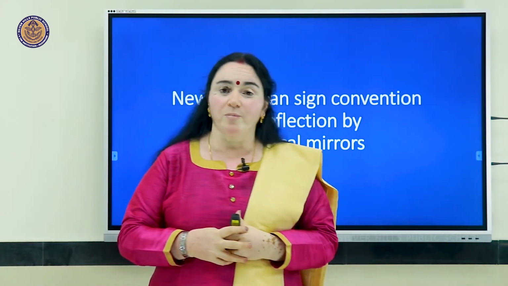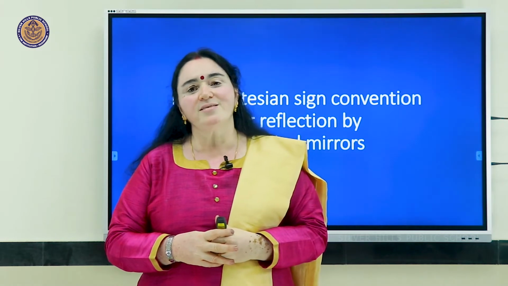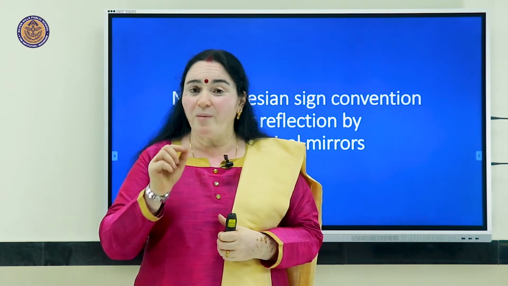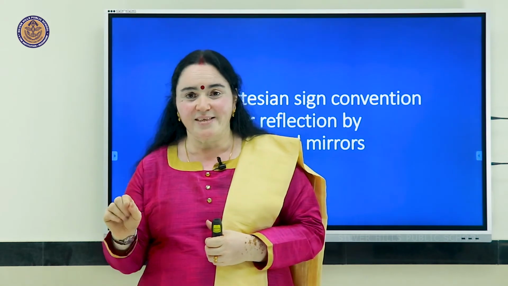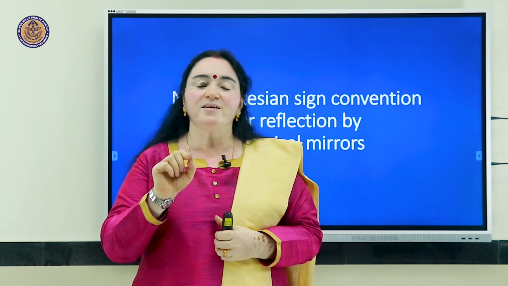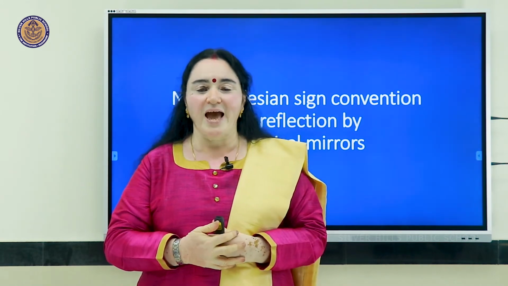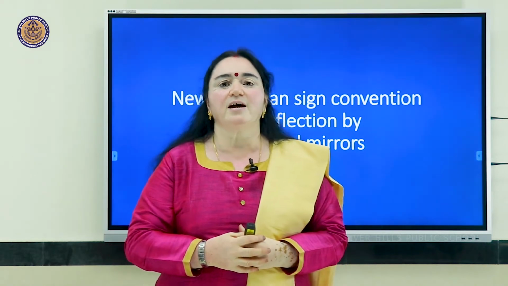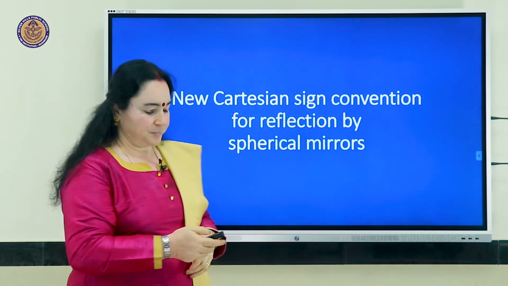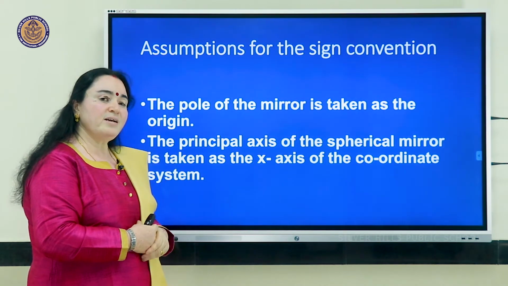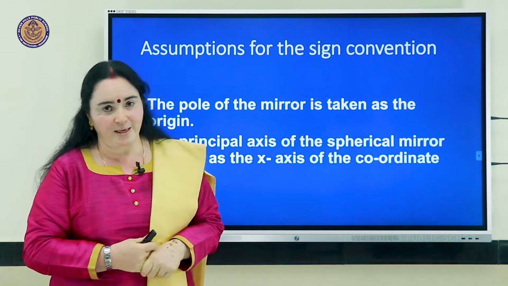Knowing the mirror formula, it is very essential to understand the Cartesian sign convention. To make a particular unique case for your object distance and image distance, there are certain signs that have to be added to your mirror formula. Let us discuss the Cartesian sign convention here. Before we discuss it, there are certain assumptions that should be put in place.